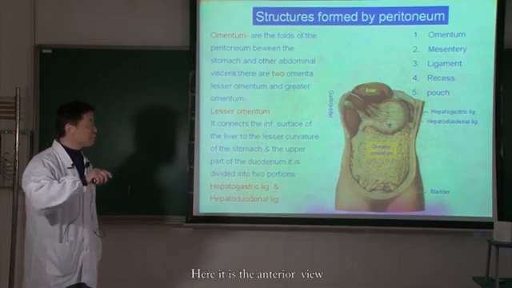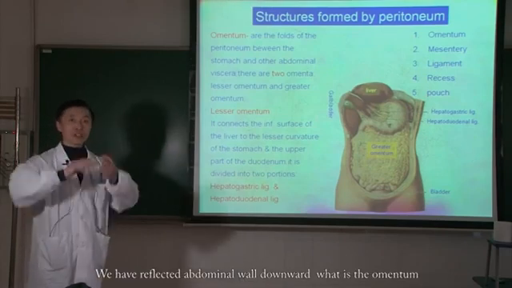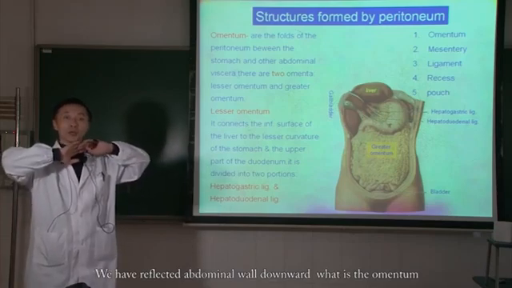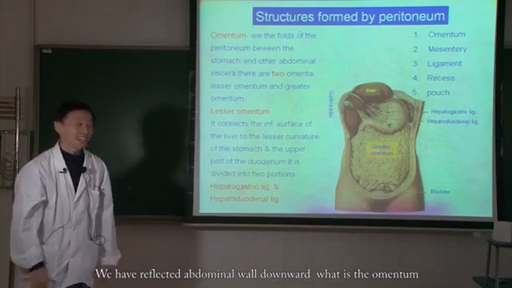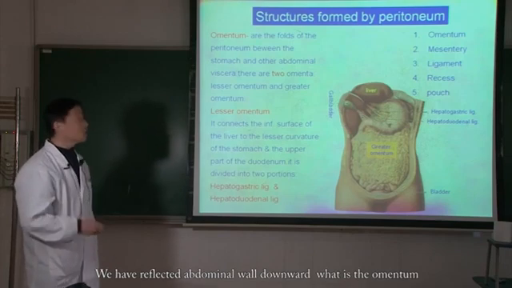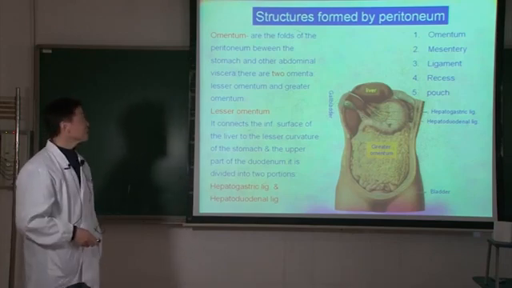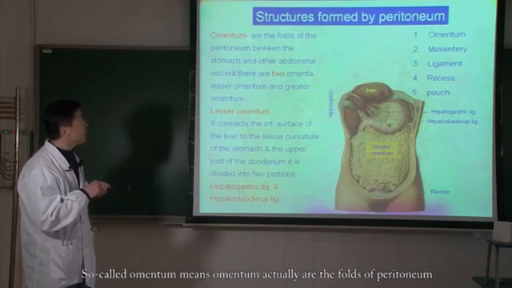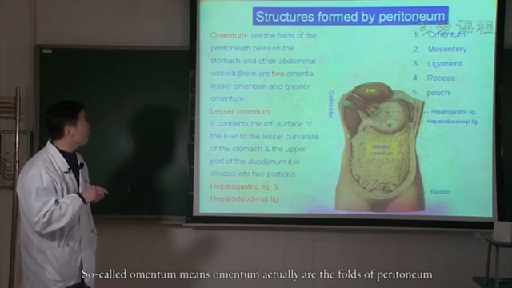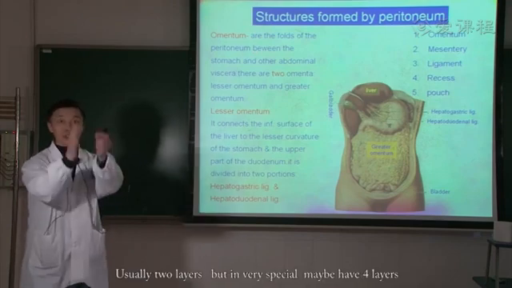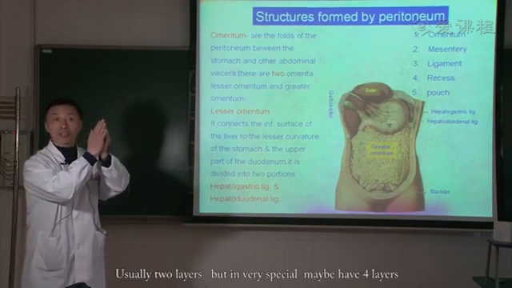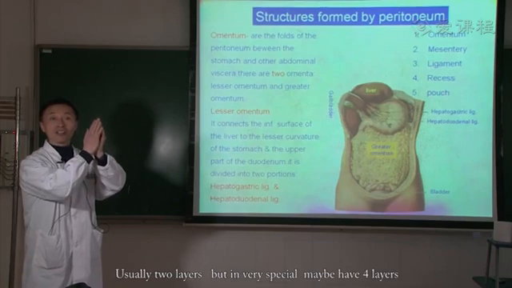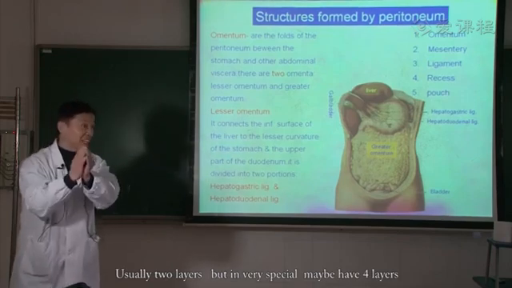Here is a posterior view. We have reflected the abdominal wall downward. What is the omentum? The omentum actually consists of folds of the peritoneum. Usually two layers, but in very special cases maybe four layers.